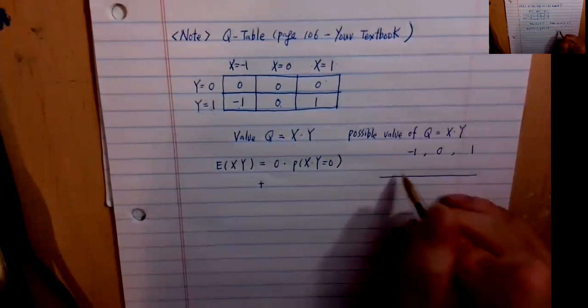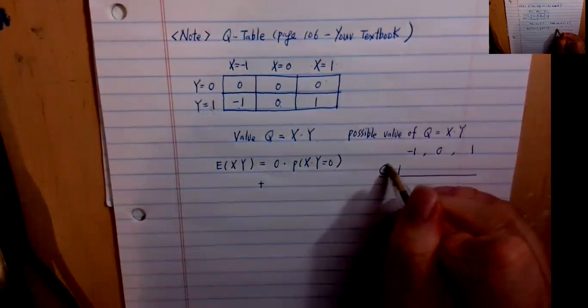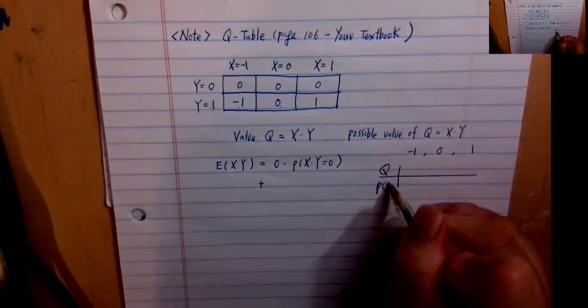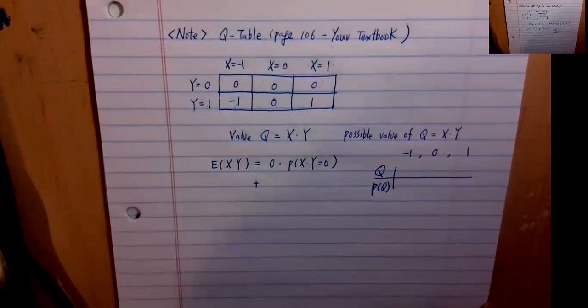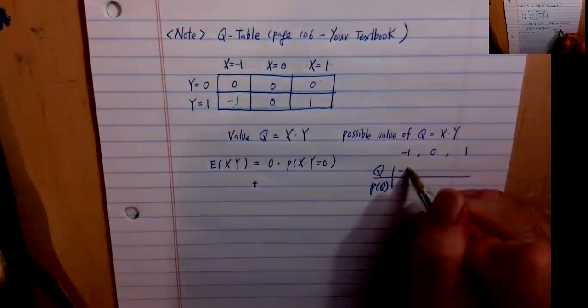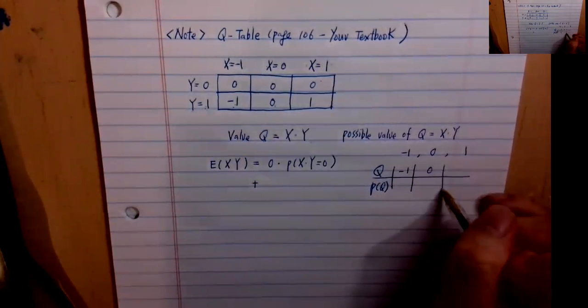If we list the table like this, this is Q, and this is the probability of Q. It can only be -1, 0, or 1.